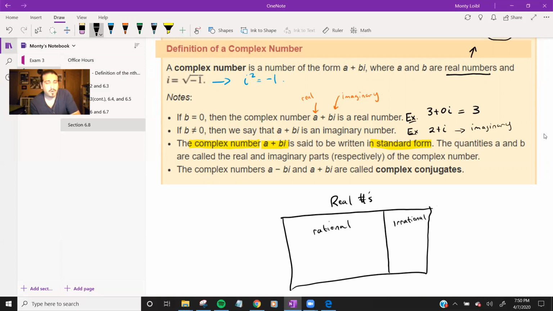Now we could go further down, because within the rationals you have the integers. Again, the rational numbers are referring to fractions, right? Like 1/2, 3/2.